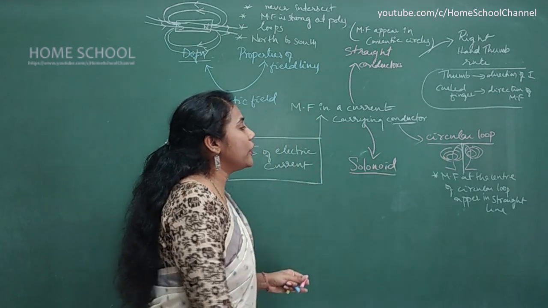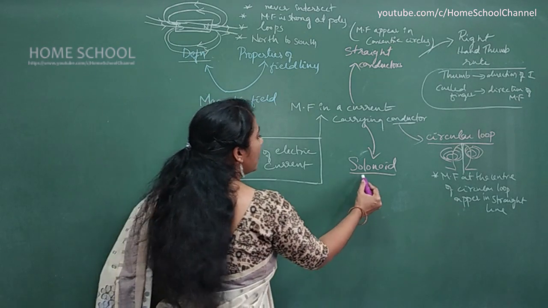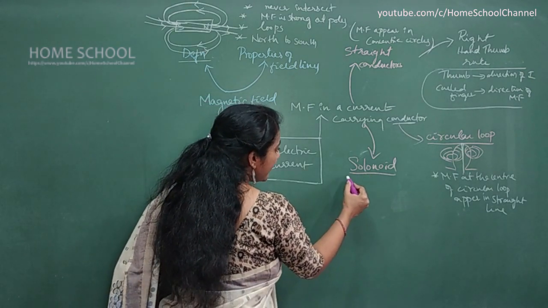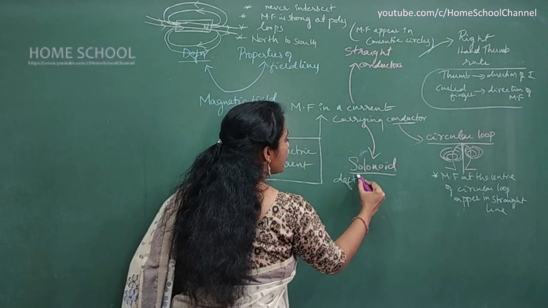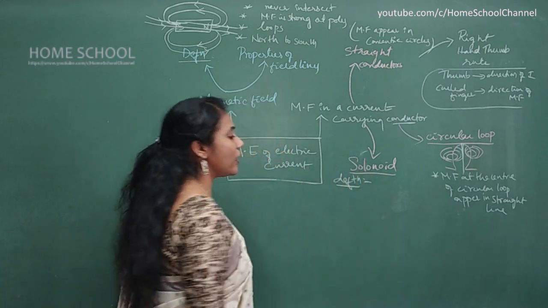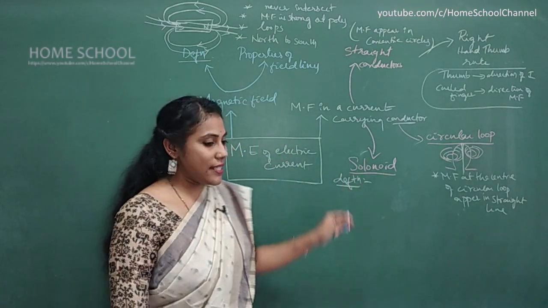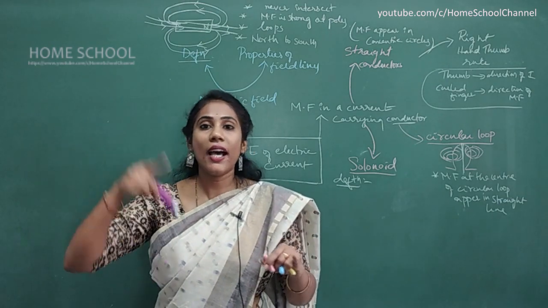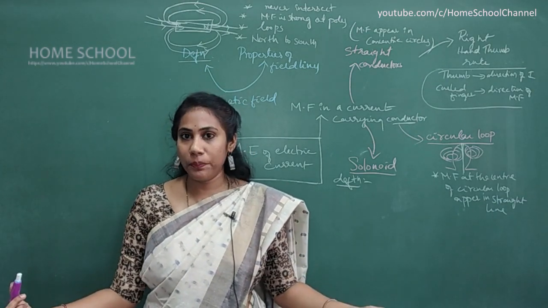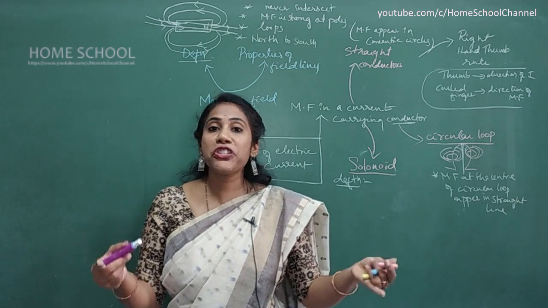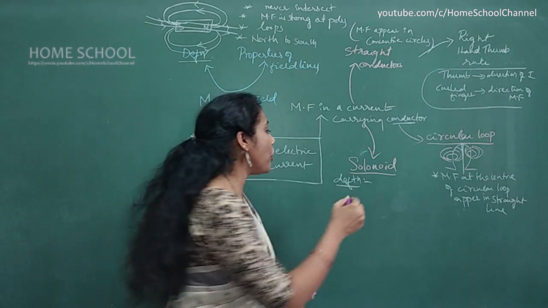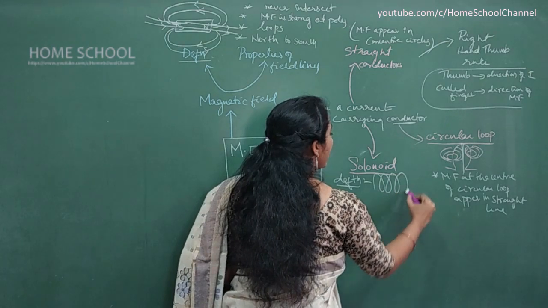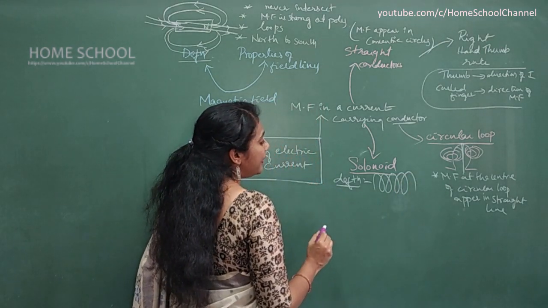Coming to the solenoid, the important thing is its definition. You must know what you mean by a solenoid, right? It is just a copper or iron wire in a circular, coiled form. A conductor in a coiled form is called a solenoid.